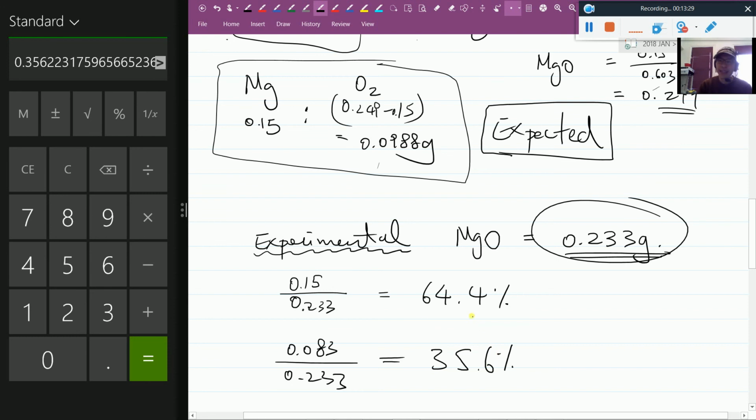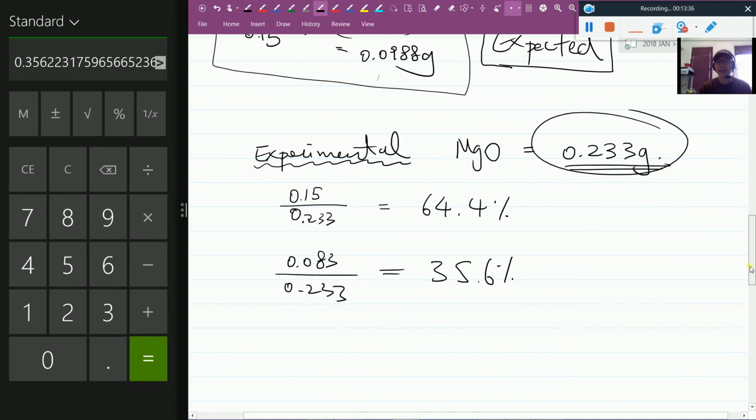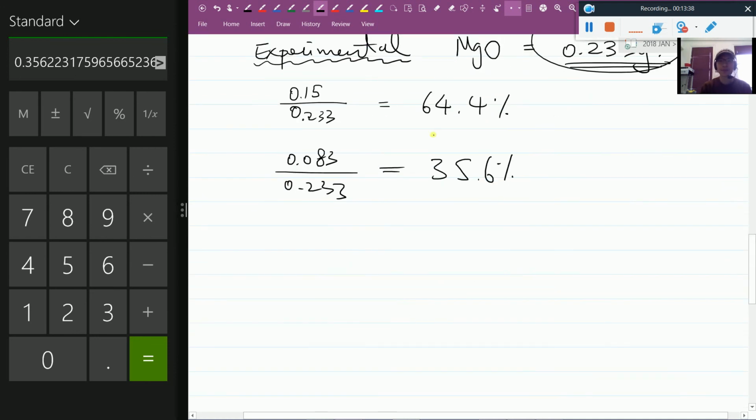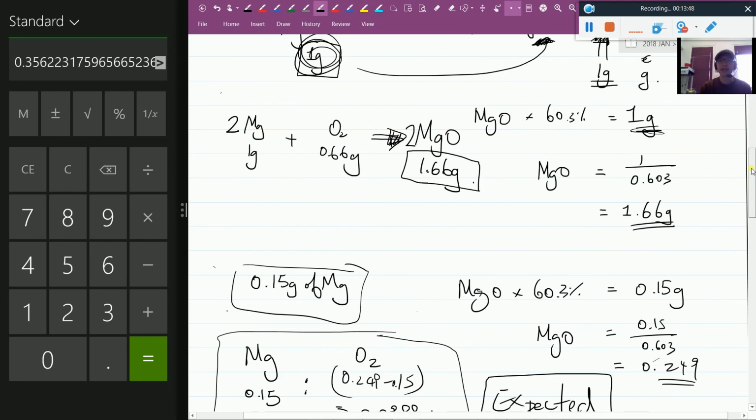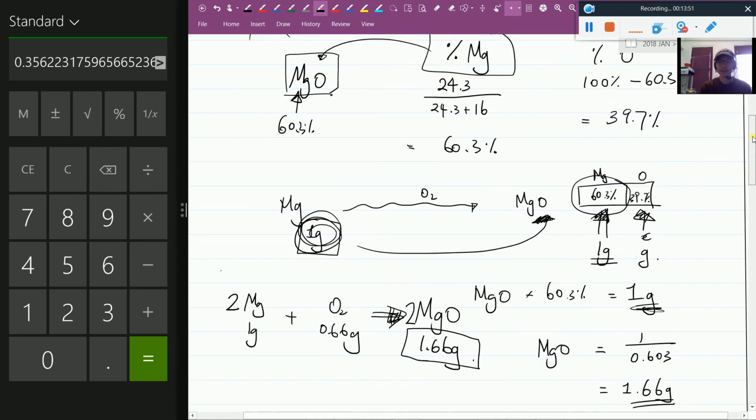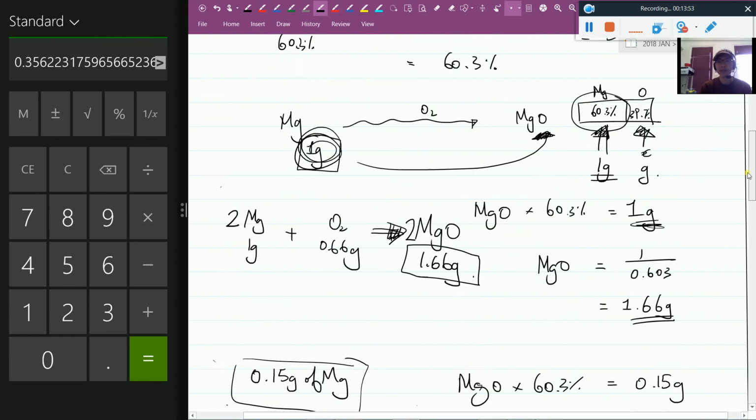Why do I need to do that? Once you find out this percentage, it can be used to go backwards. What we are trying to do is use the relative atomic mass to find out the ratio between them.